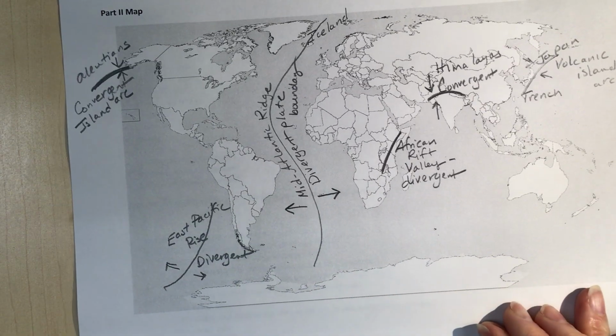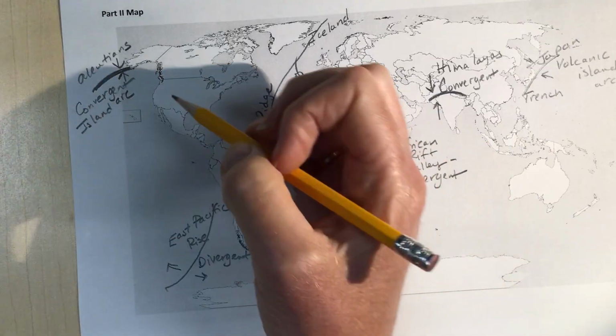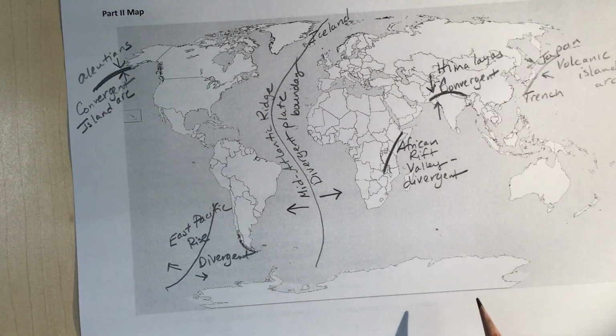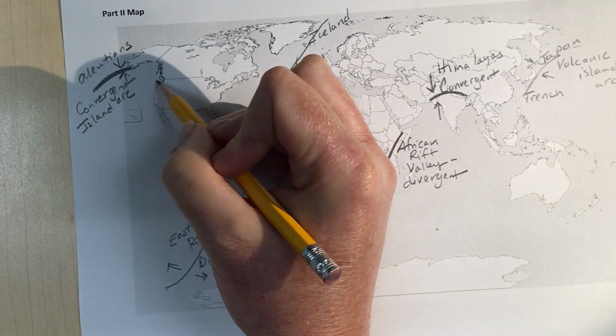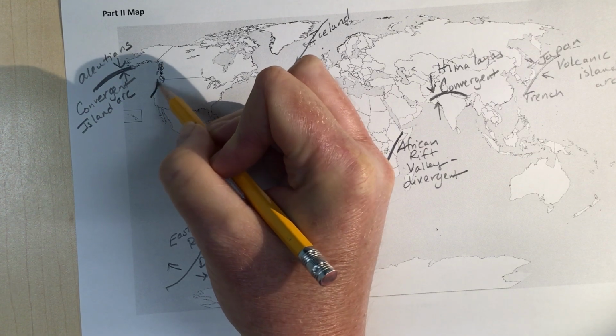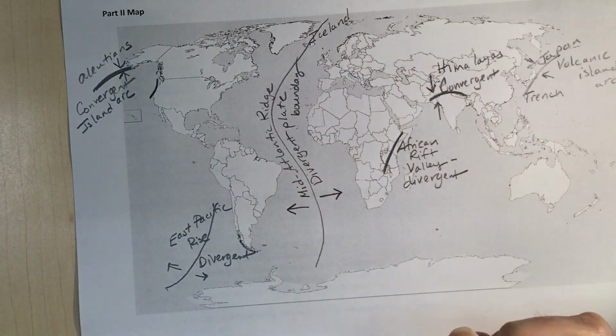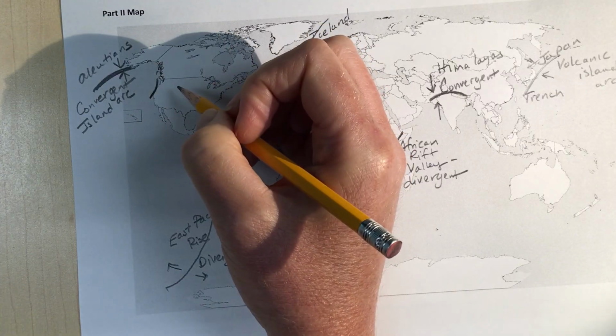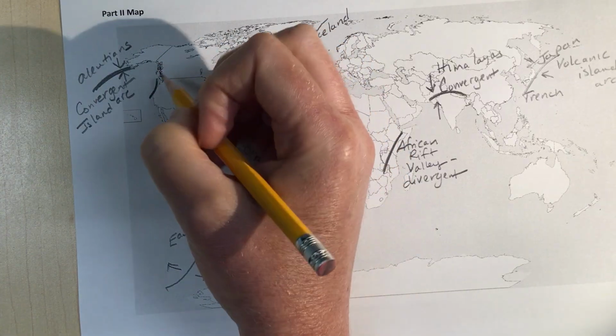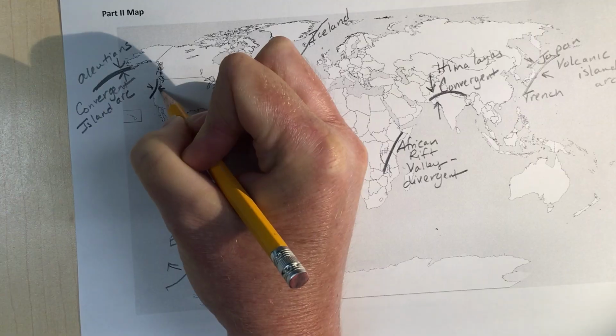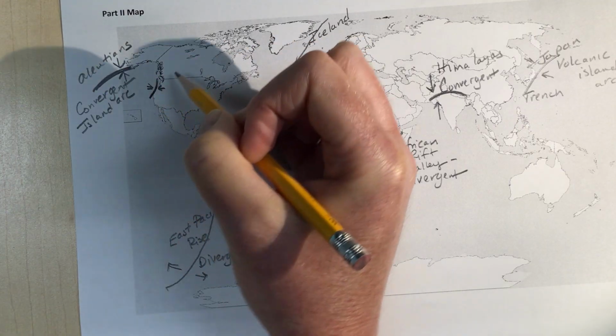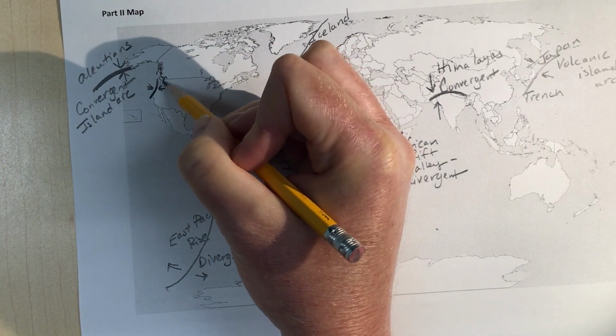And let's see, there's a couple of things over here off the coast of Oregon and Washington. We have a place that's kind of overdue for a massive earthquake and tsunami here in Oregon and Washington. And so this is convergent. There's a trench off its coast.